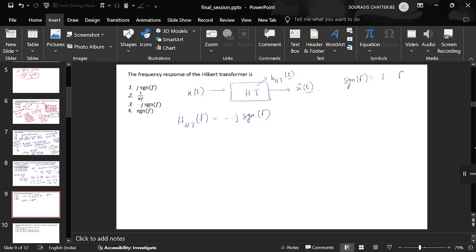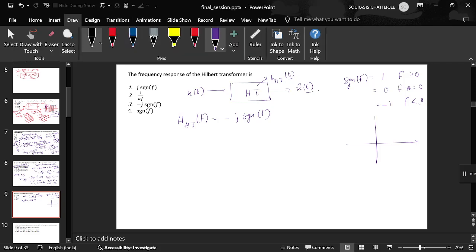That is 1 when f is non-negative, 0 of course when f is 0, and minus 1 when f is negative. So if I draw the plot here, it would be something like this.